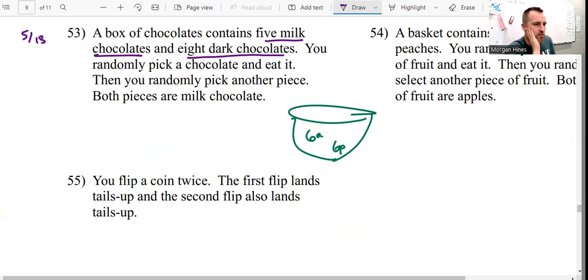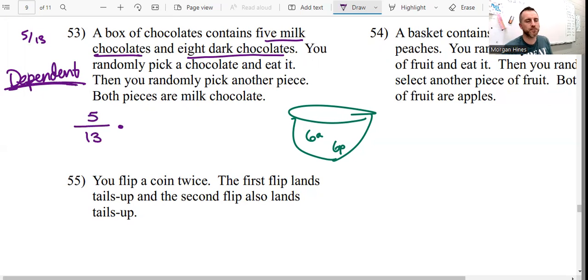Okay, this is an example of dependent events. Dependent because if I pick a milk chocolate the first time, which I have a 5 out of 13 chance of doing, then my probability on the next choice depends on that.